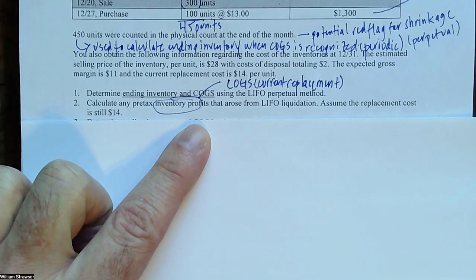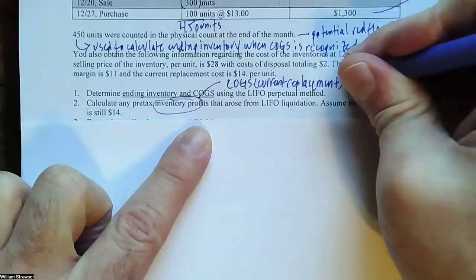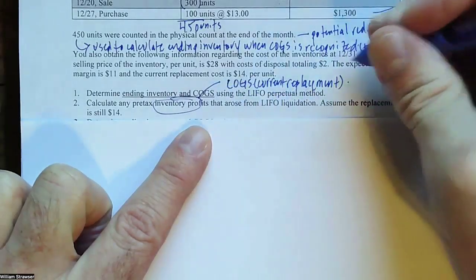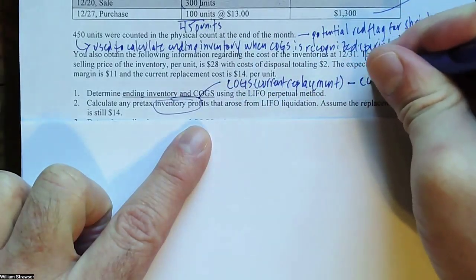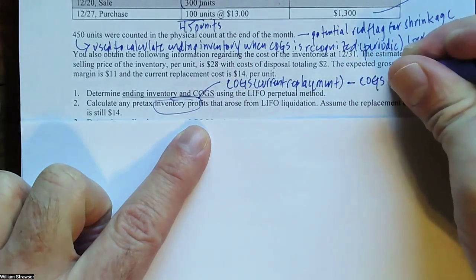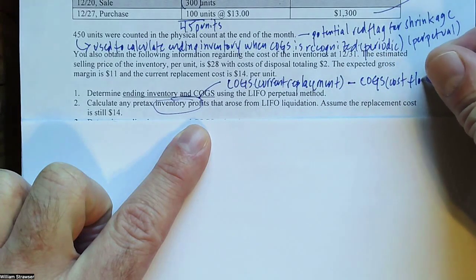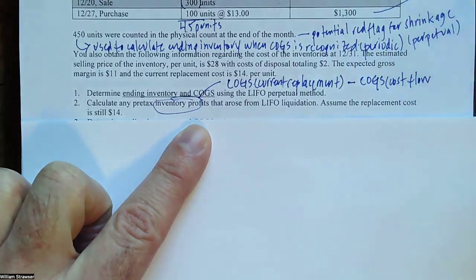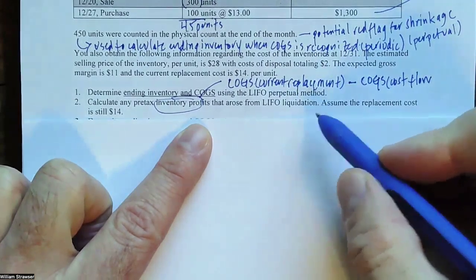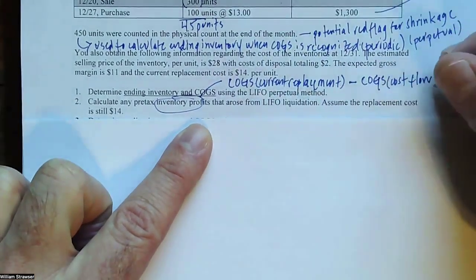How much are they charging for it in the market right now? We compare that against the cost of goods sold under our cost flow method, because current replacement cost is not the default valuation for any cost flow method.